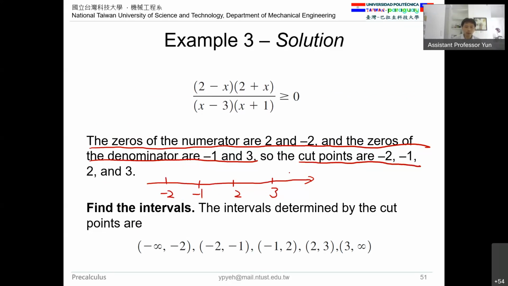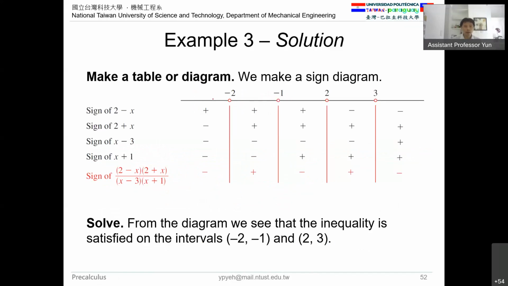And then we could define the intervals. Remember that on the left-hand side and the right-hand side, we have the positive infinity and the negative infinity here. So then we could find these 4 points, giving these 5 intervals here, okay? And then we could use the tables to find the sign of these functions.